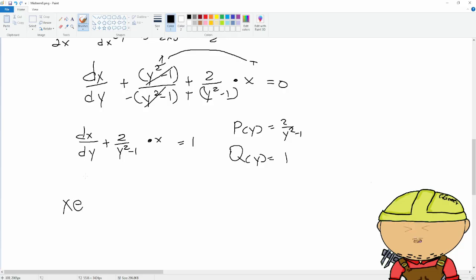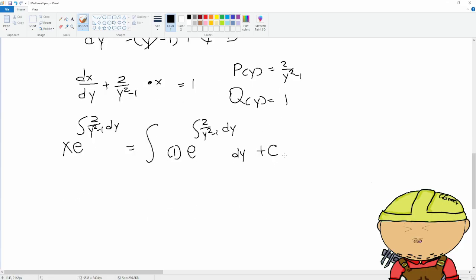So x e to the integral of 2 over (y squared minus 1) dy is equal to the integral of Q of y, which is 1, times e to the integral of 2 over (y squared minus 1) dy, plus c. Okay? First off, that's not directly integrable, right? This one is not directly integrable, your P of y. Then again, let's apply partial fractions, right? y plus 1 and y minus 1.